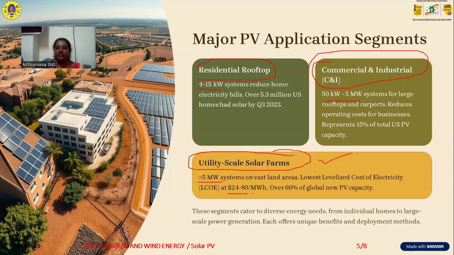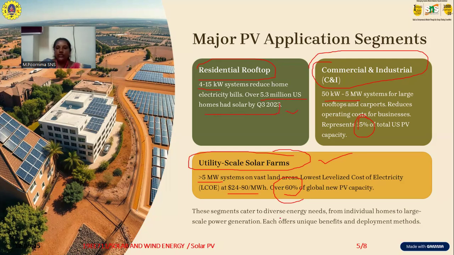Over 5.3 million US homes had solar by 2023. So these are the major applications.